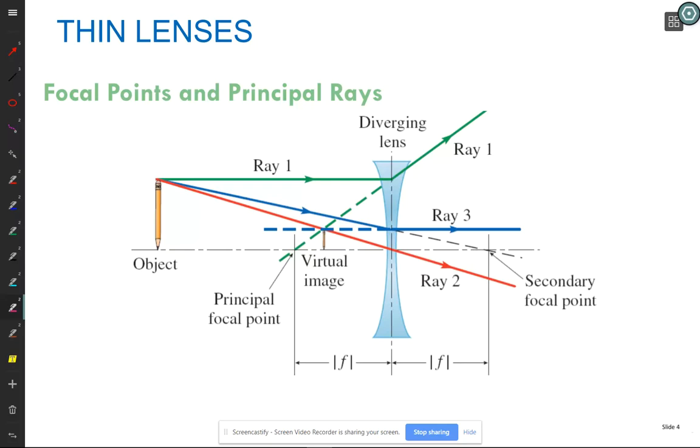And then we have the focal ray, and the focal ray is probably the most confusing one because that's the one that goes to the secondary focal point, but now the secondary focal point is on the opposite side. And so this blue ray is going toward the secondary focal point, but when it hits the lens, it comes out parallel because if it goes through the focal point, it comes out parallel.